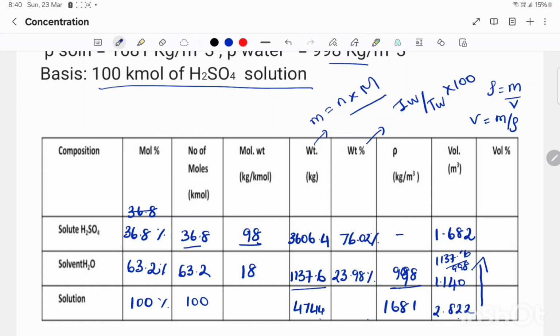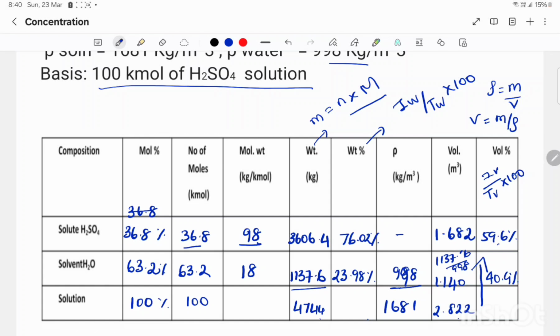Volume percentage is the individual volume divided by total volume into 100. For the solute, 1.682 divided by the total volume, 2.882, into 100 gives 59.6 percent. For solvent water, 1.140 divided by 2.882 into 100 gives 40.4 percent.